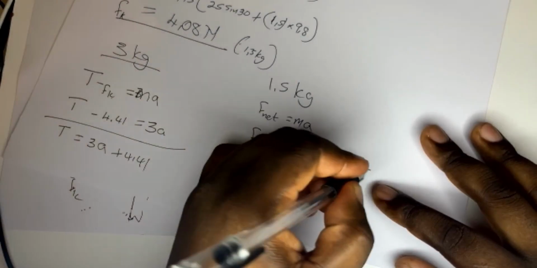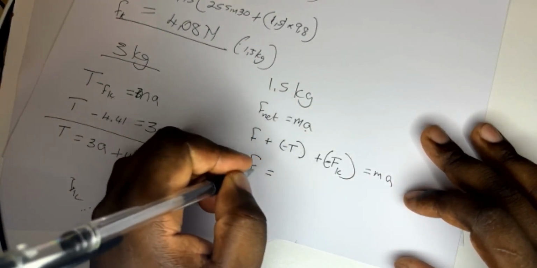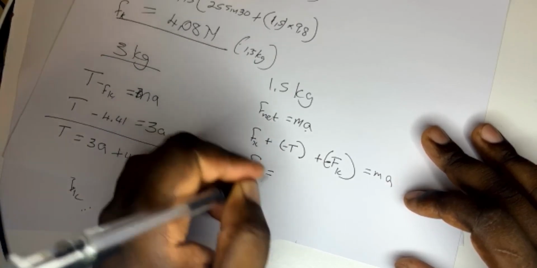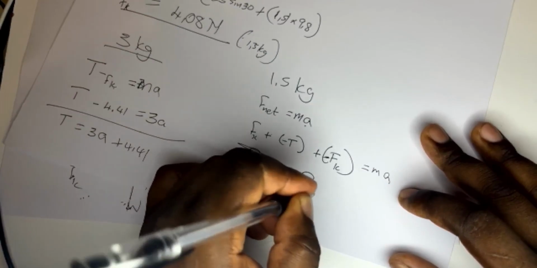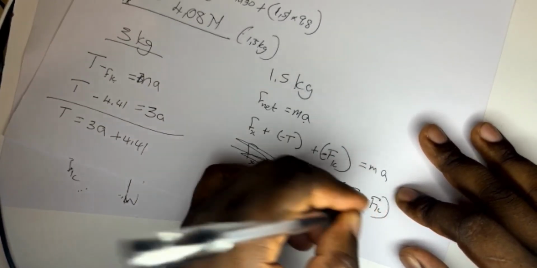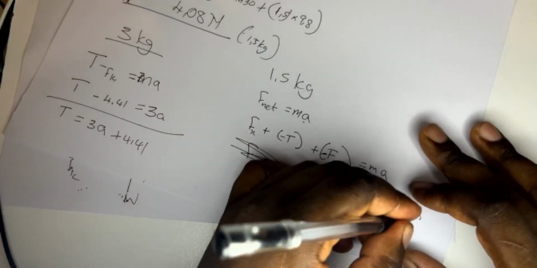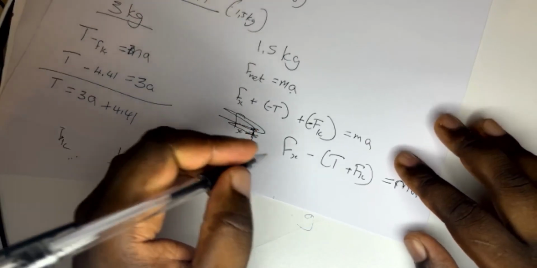So one can say this is equal to Fx minus, in brackets, tension plus Fk. This comes from the same group again. Remember, they were opposing the applied force from the free body diagram.